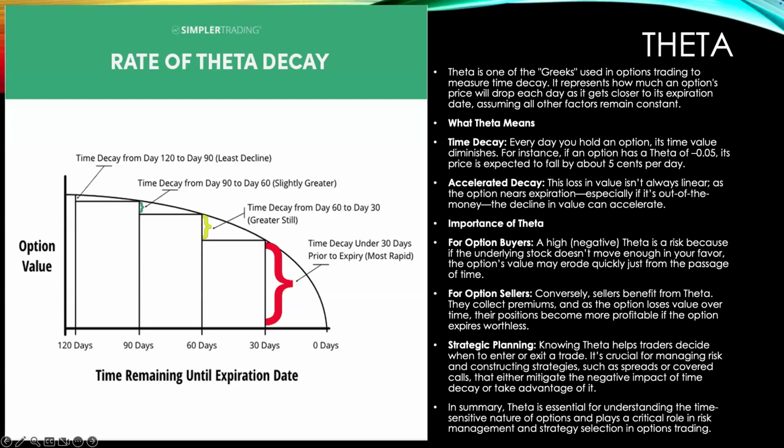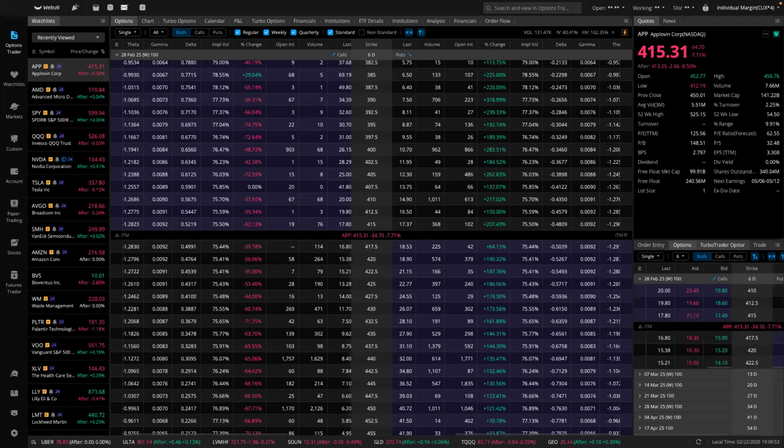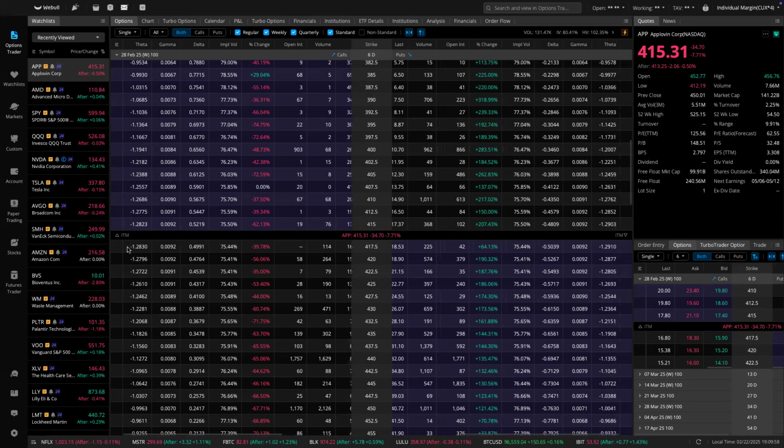Let's go here. If you look at the chart, theta right here shocks you. The stock, if it doesn't go up every day, is dropping by $1.28. So remember, times it by 100. $128.